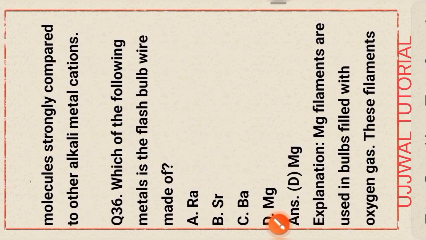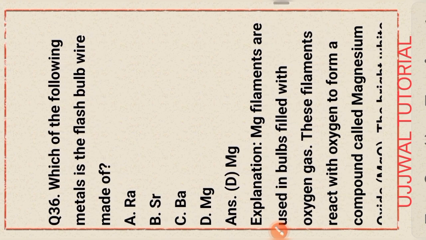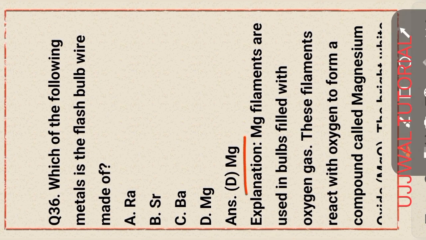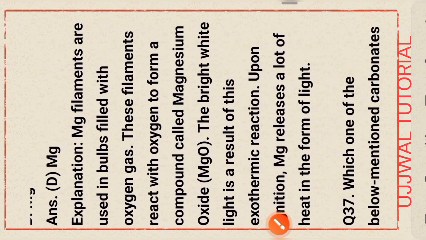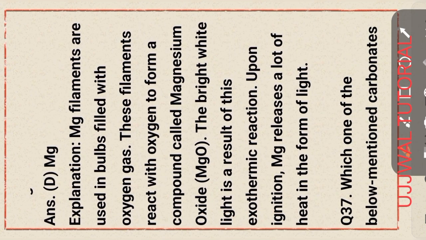Okay. Next question. Question number 36. Which of the following metals are flash bulbs made of? Mg, that is magnesium. Due to the explanation for this part, magnesium filaments are used in bulbs filled with oxygen gas.